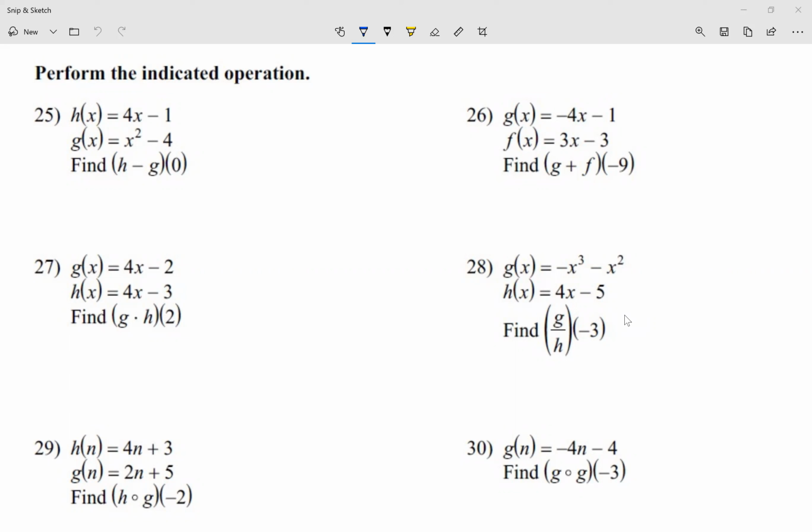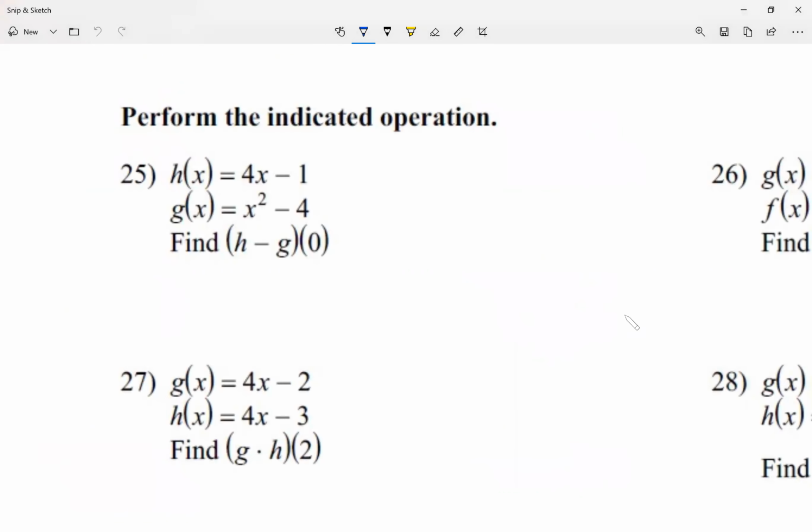So 25 through 28. Looking at question 25, notice I gave you guys a function h and a function g. And here on the question, I'm asking for h minus g of 0. So that's how we're going to read this. Find h minus g of 0. Okay, so what does that actually mean?